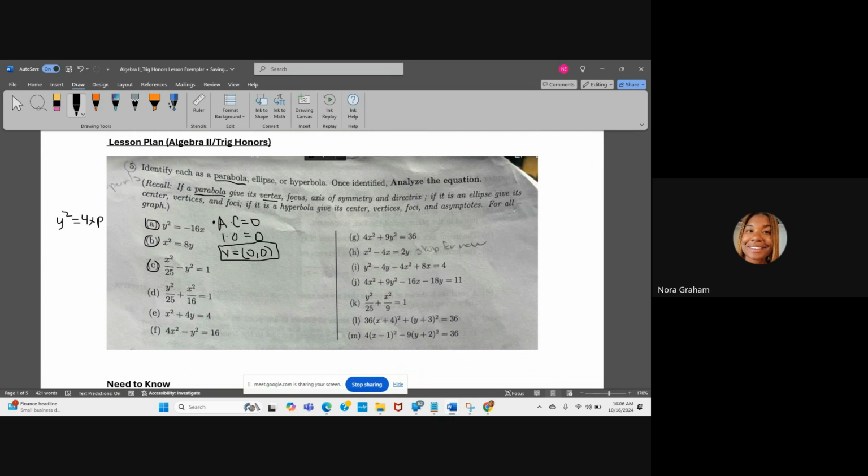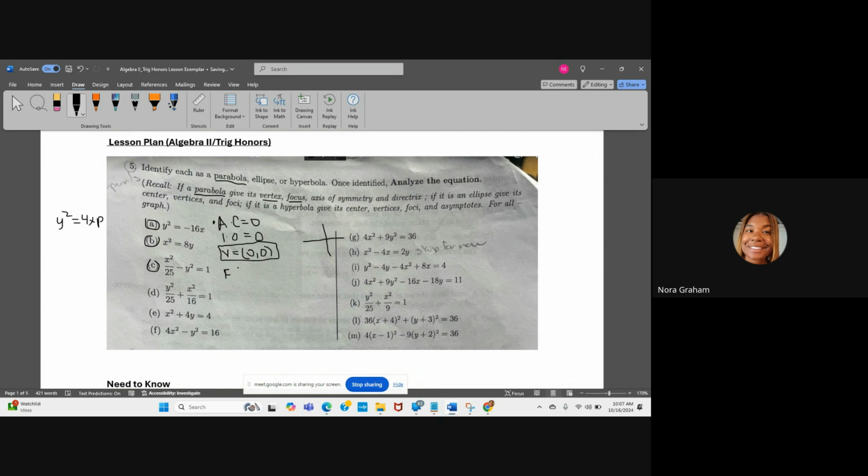Next, they want us to find our foci. To find our foci for a parabola, since I know it's going to open left or right, I know I'm going to be manipulating my x, because if it's opening left or right, then I know I'm dealing with my x-axis.